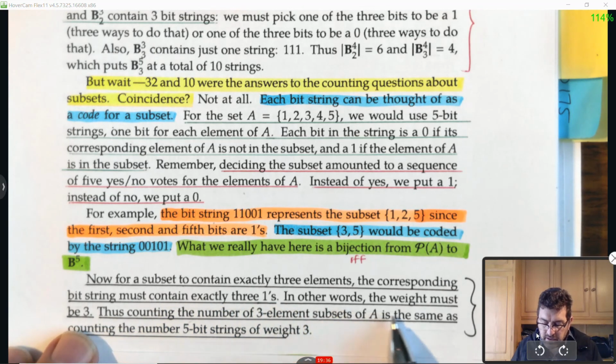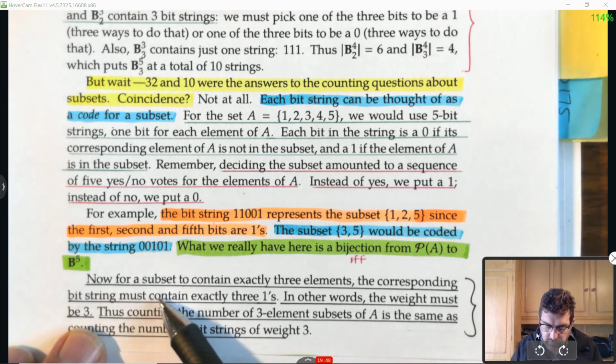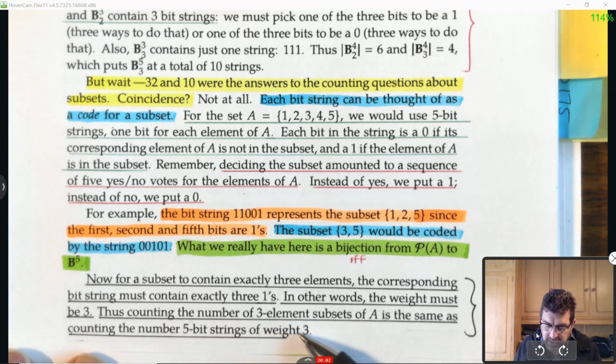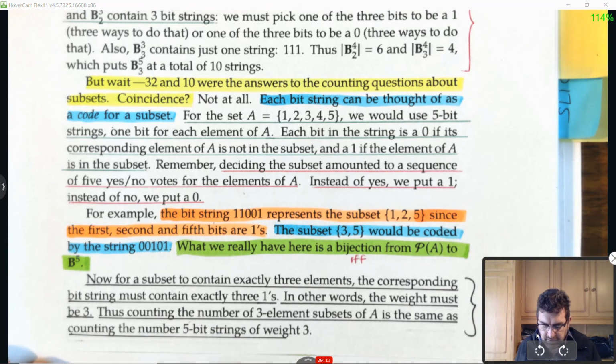In other words, the weight must be 3. Thus, counting the number of 3-element subsets of A is the same as counting the number of 5-bit strings of weight 3, which we have already done.